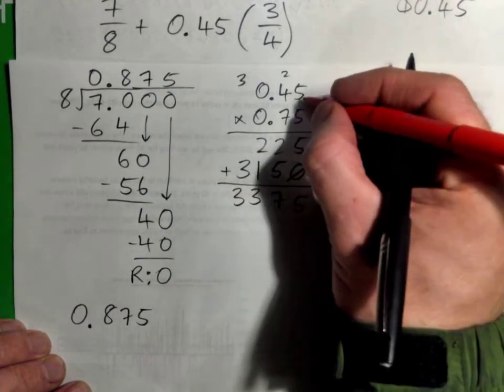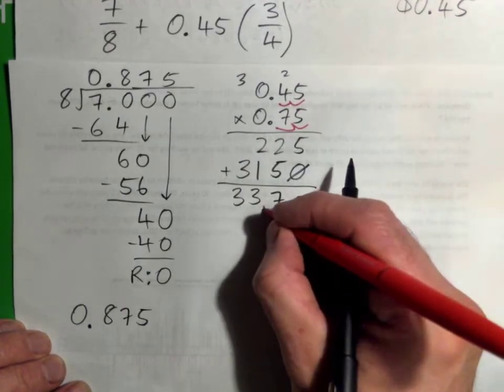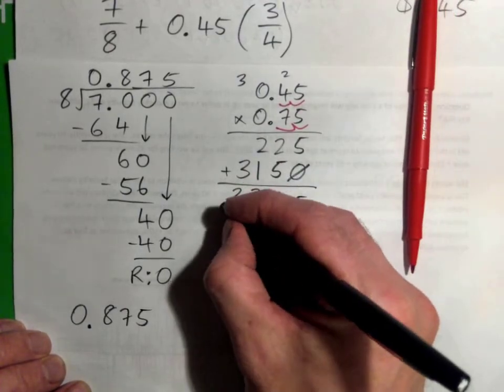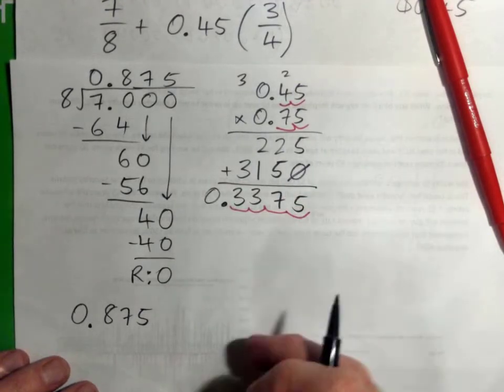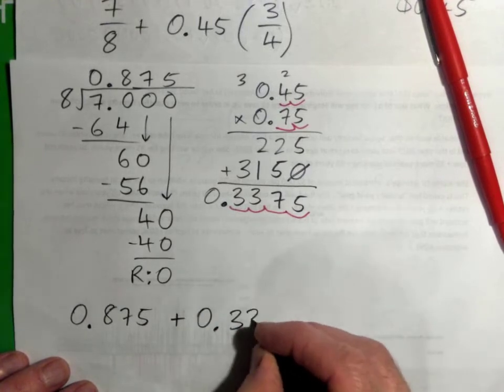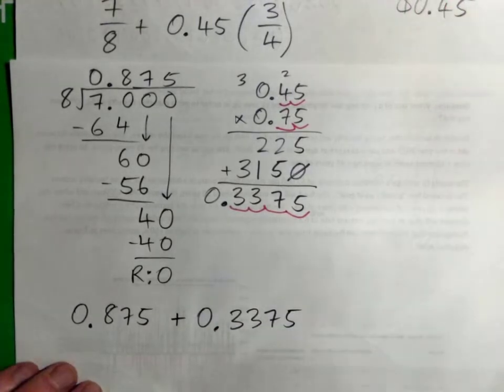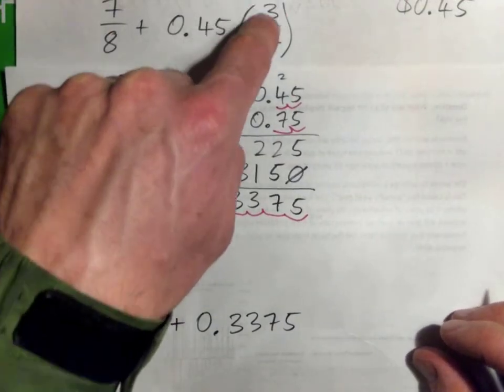And in the question there's 1, 2, 3, 4 decimals. So 0.3375, right? So we end up with this plus 0.3375, right? Because 7/8 is this, and 0.45 times 3/4 becomes this.